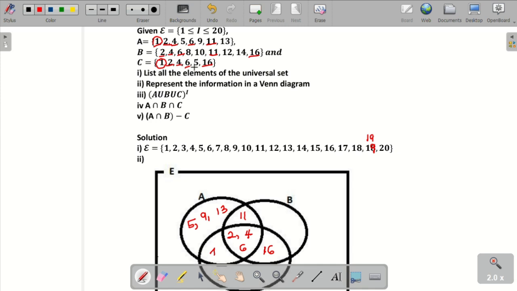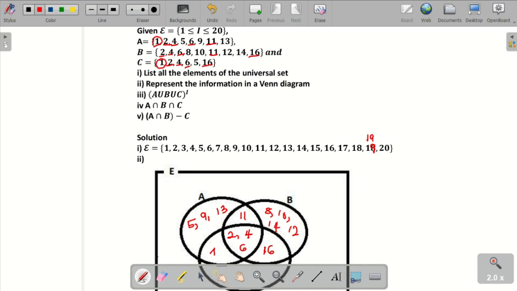Let's look at subset B. What are those elements that we didn't touch at all? The elements in B are 8, 10, 12, and 14.